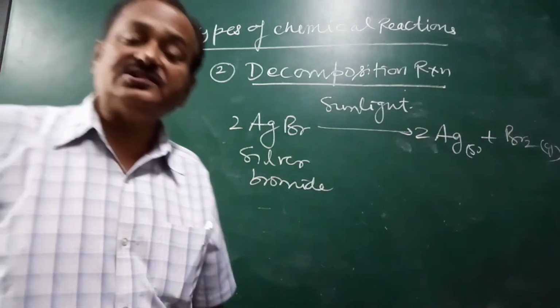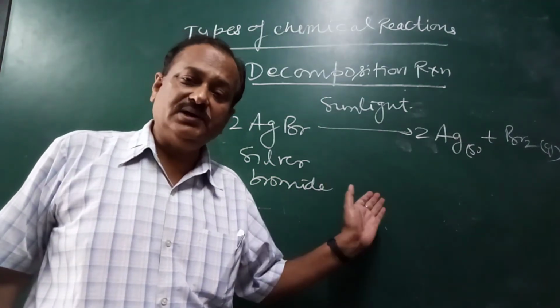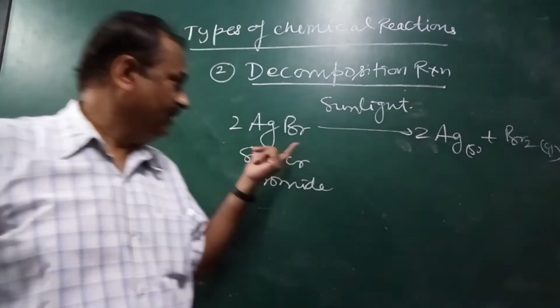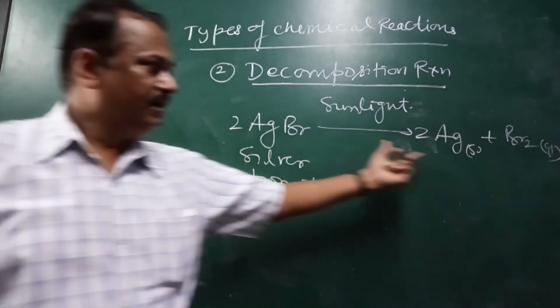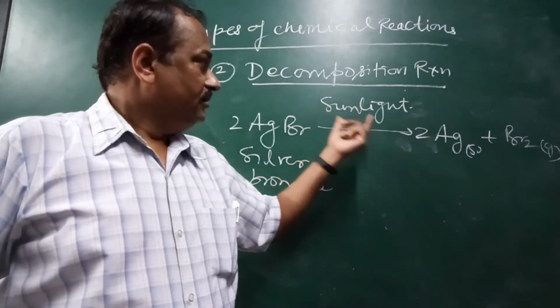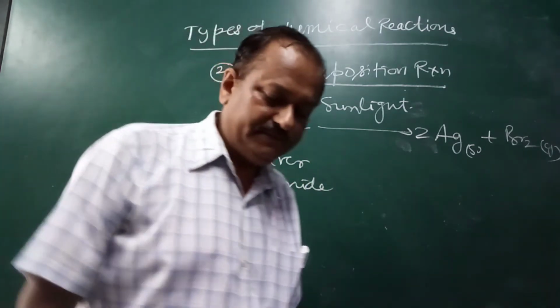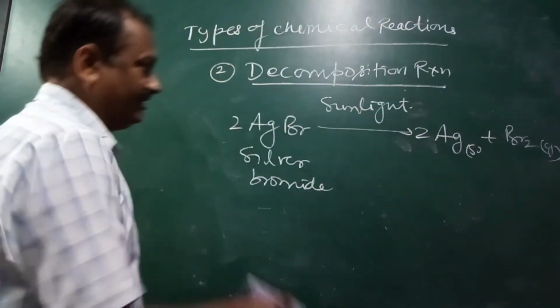Silver salts are sensitive to light and they decompose. A bigger molecule breaks into smaller ones. It is a photosensitive substance, and such reactions are said to be photochemical reactions.